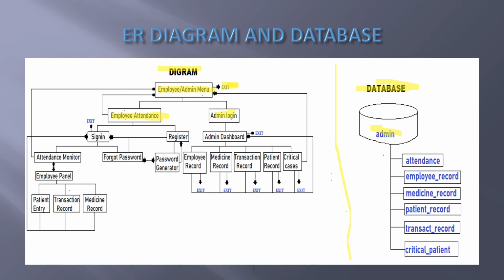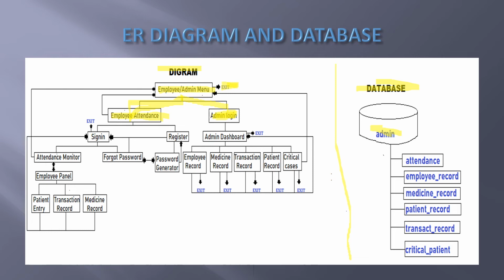Through the employee admin menu, employee attendance can be accessed, and through this main menu, admin login can also be accessed, as I showed you in the PPT, that means the previous presentation.